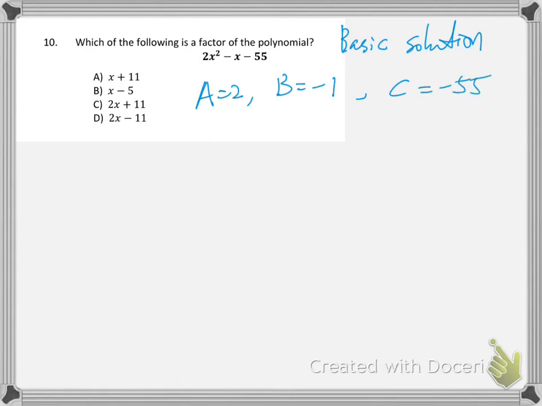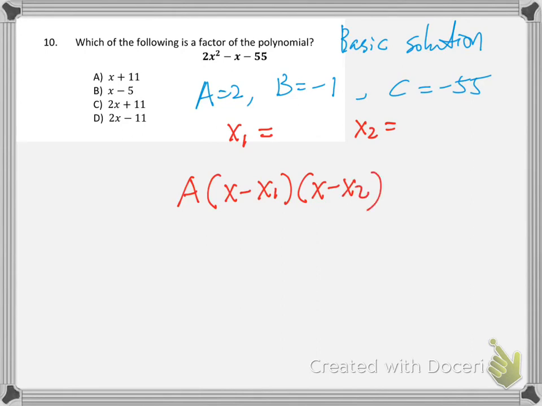Again, if you have a good calculator, you get two solutions, x1, x2, and then you use this formula a(x minus x1)(x minus x2). You get the solution A, B, C, or D. If you don't have the calculator, you can use the quadratic formula.